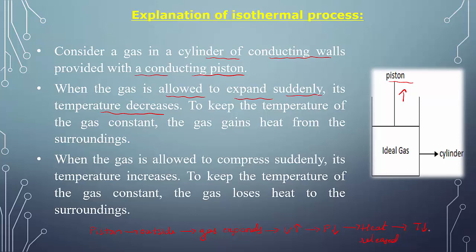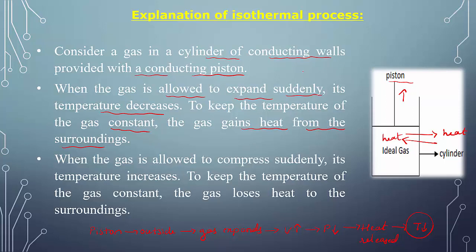But in isothermal process, we have to keep the temperature as a constant. To keep temperature of the gas as a constant, what can we do? Here, to keep the temperature as constant, this gas can absorb heat from the surrounding. A certain amount of heat energy is liberated to the surrounding here. To keep temperature as constant, a certain amount of heat energy enters into the system. So again temperature of the system remains constant, and this process takes place suddenly here.